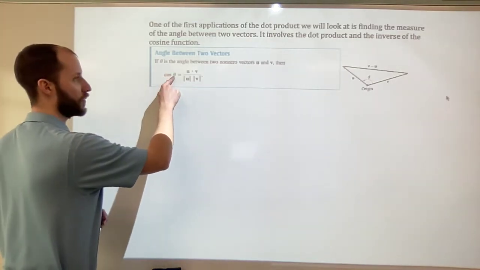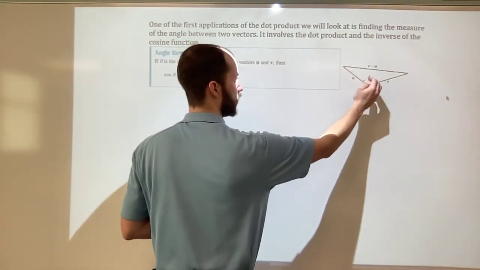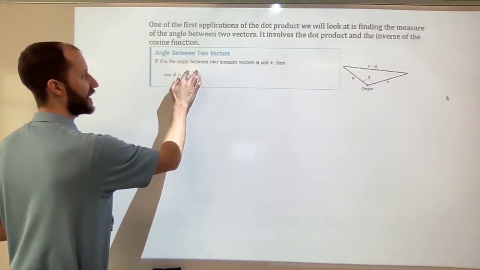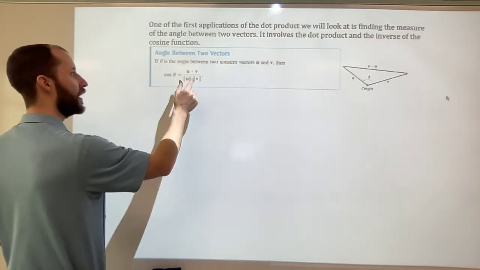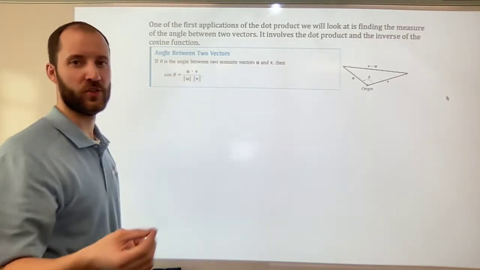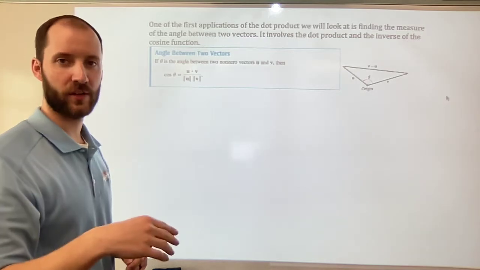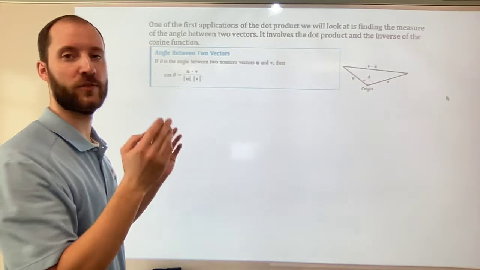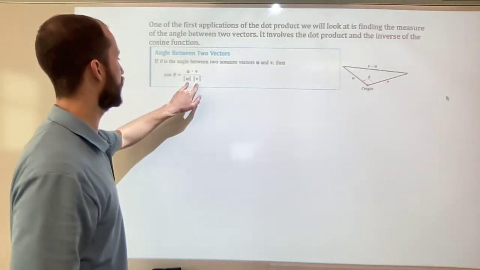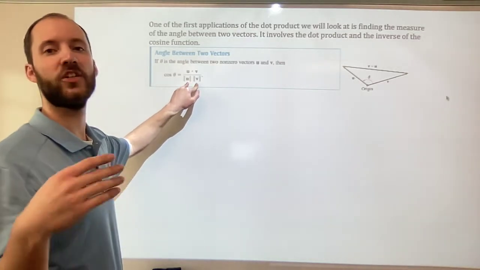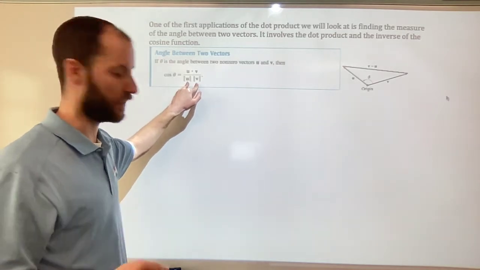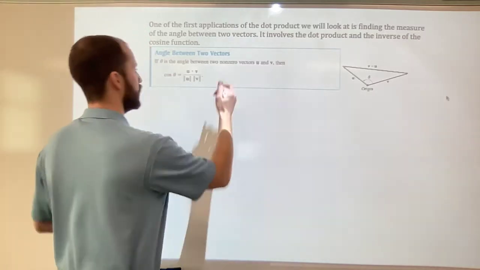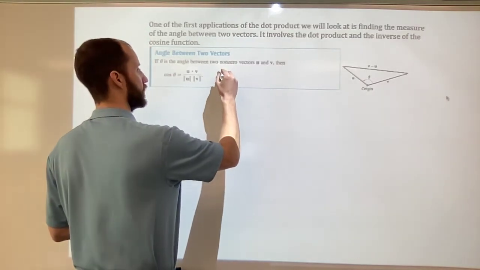Cosine of the angle between them, so between the two vectors, is the dot product over their two magnitudes multiplied together. So there's some work you have to do before you use this formula. You have to find their magnitudes and then use those in the formula. And then when you want to find your angle, you have to do inverse cosine.